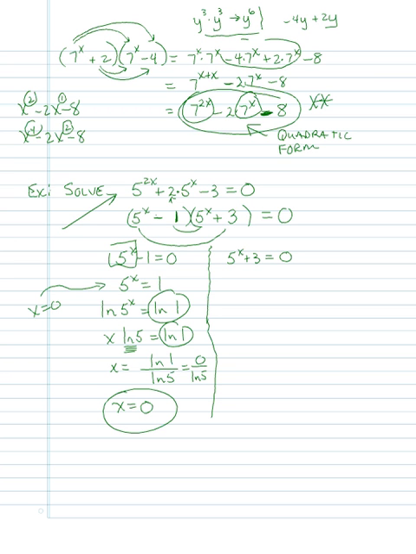Now we've got another equation over here, don't we? 5 to the power x plus 3 equals 0, and if we approach that in a similar way, we would subtract 3 on both sides. And then when we take the natural log of both sides, or the logarithm of both sides, then we would be able to bring that exponent down. And I'm just moving right along here, and then we'd divide out that natural log of 5.